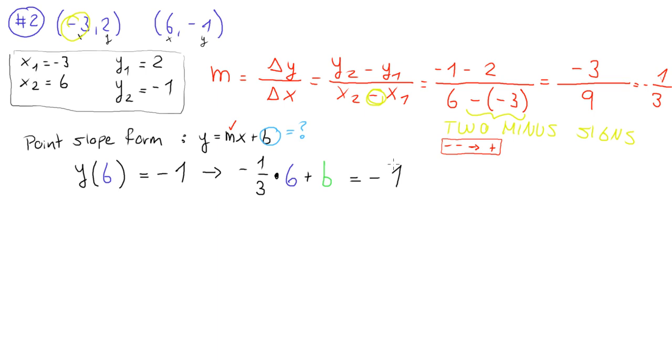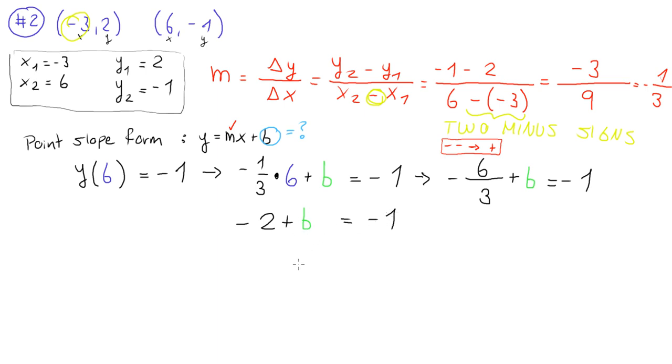Now this looks a bit difficult, but it's nothing different than, well, this is the same thing as 6 divided by 3, with a minus, plus b. 6 divided by 3 equals 2, so this is the same equation as -2 plus our unknown b, which has to equal -1.